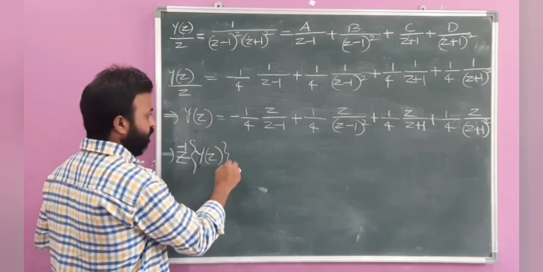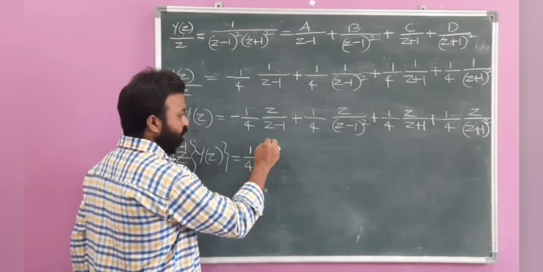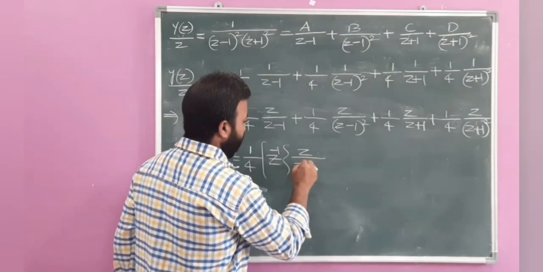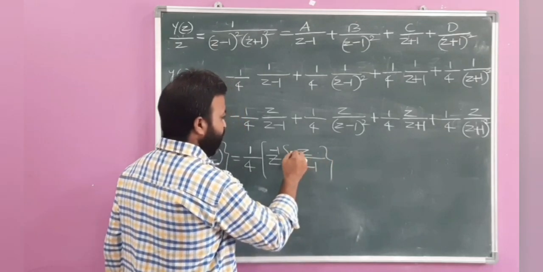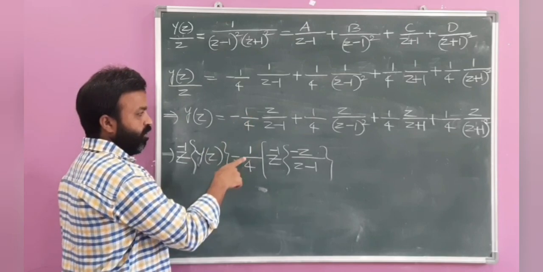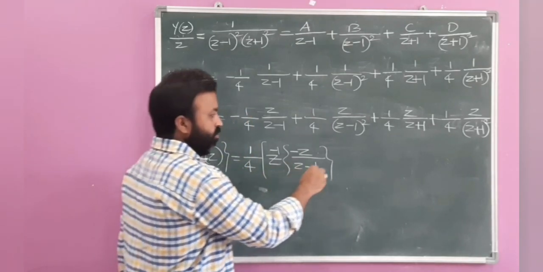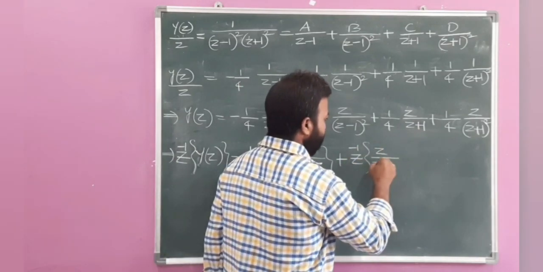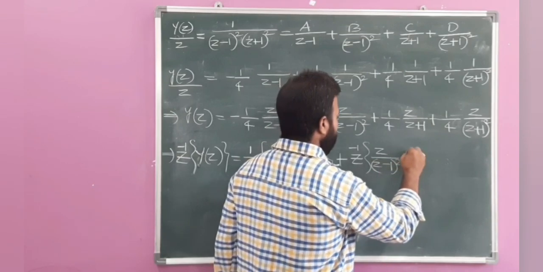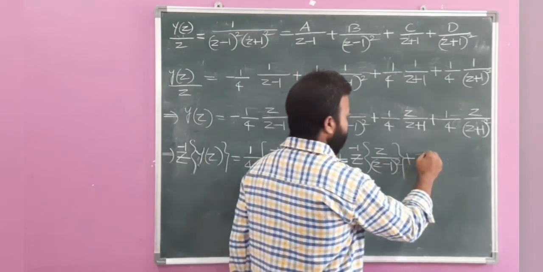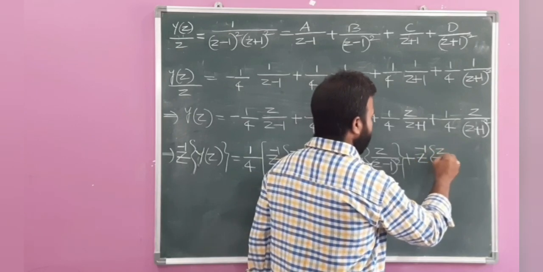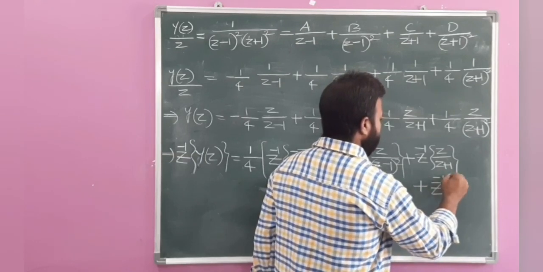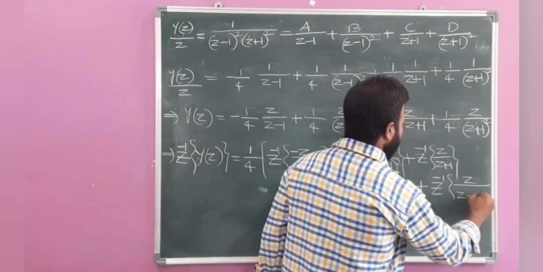Z inverse of y of z equal to, by taking 1 by 4 as common here, then we have minus z inverse of z by z minus 1, so here we have minus 1 by 4, we are taking 1 by 4 as common, plus z inverse of z by z minus 1 whole square plus z inverse of z by z plus 1 plus z inverse of z by z plus 1 whole square.